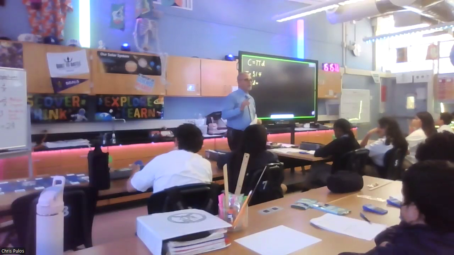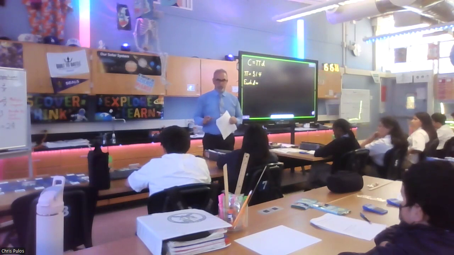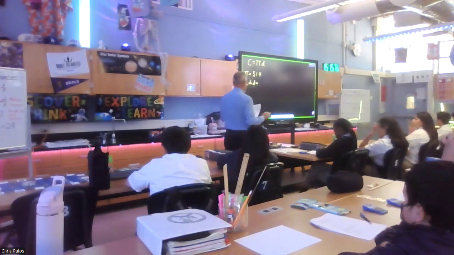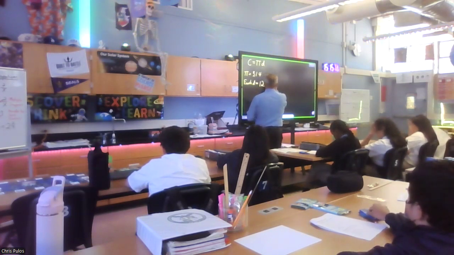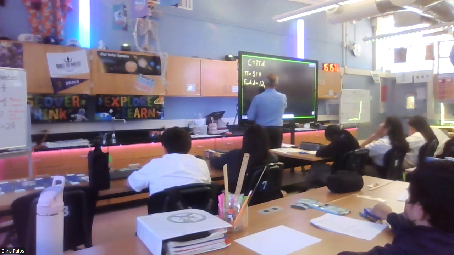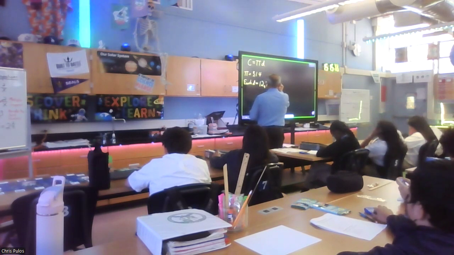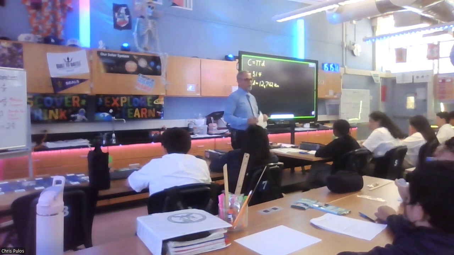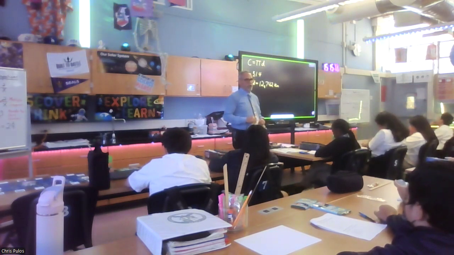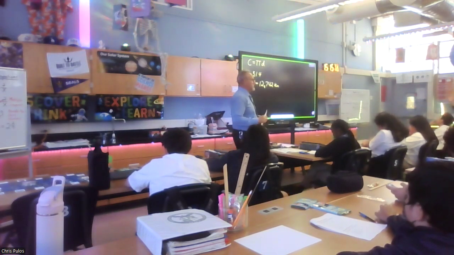Exactly, 12,742 kilometers. That's how far it is across. So now how do we write the formula to figure out how large the circumference is?